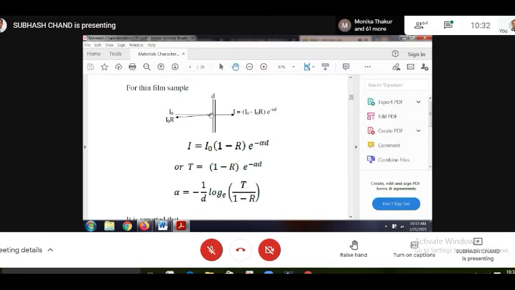Okay, so in that case we take light intensity which is falling on the slide as I naught. Now when you take thin film for material, most of the time thin films जो है they are smooth shining हैं, and they have some reflection coefficient. So they have finite reflectivity. So some of the radiation will get reflected here. We are assuming कि ये जो स्लाइड का लेफ्ट साइड है, इस पे फिल्म कोटिंग किया है.